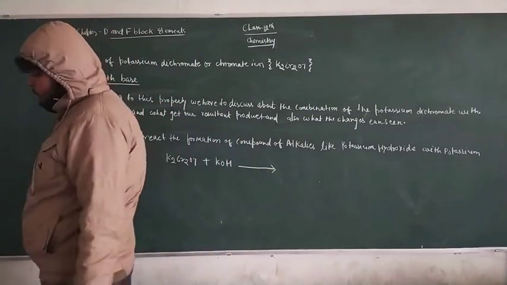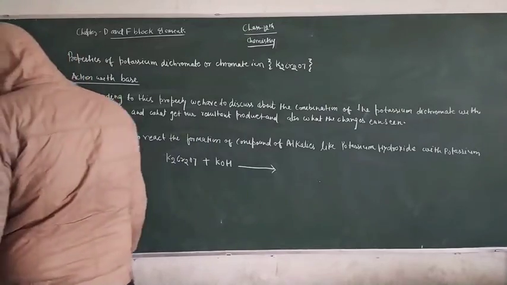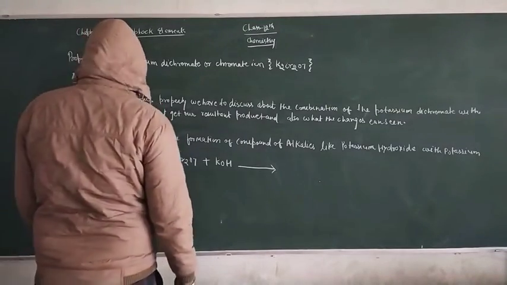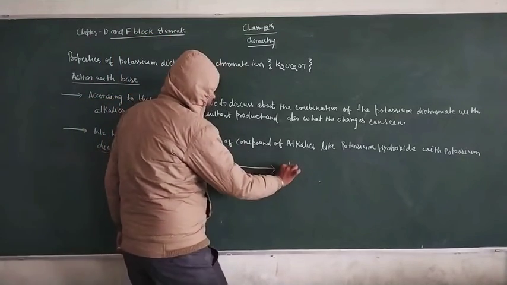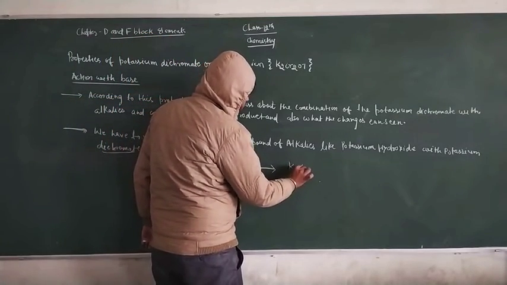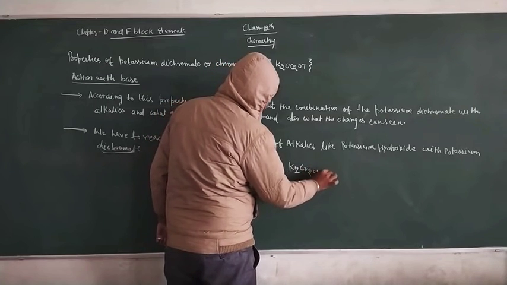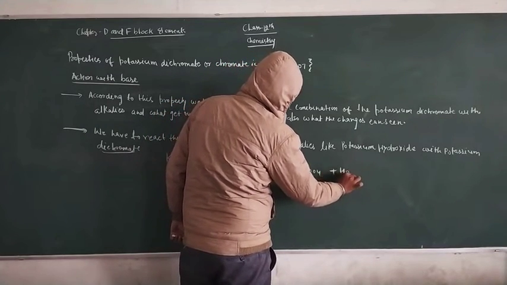That means the base is combined in this property. We represent the formation as K2CrO4 plus H2O. That means our resultant product is K2CrO4 plus H2O.